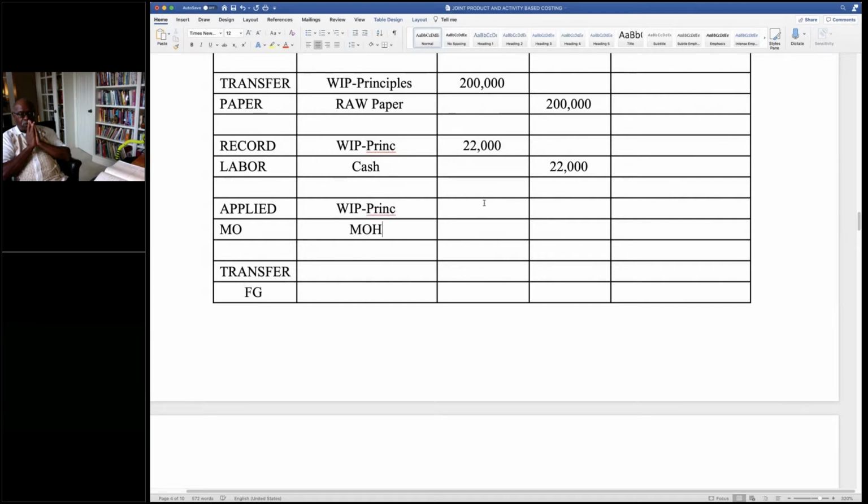To get this number, if you were to scroll up, you would see that we will multiply the actual labor hours, which is 2,200, by our activity rate of 8 to get 17,600.